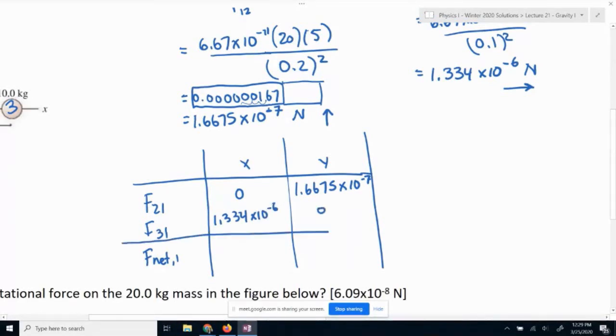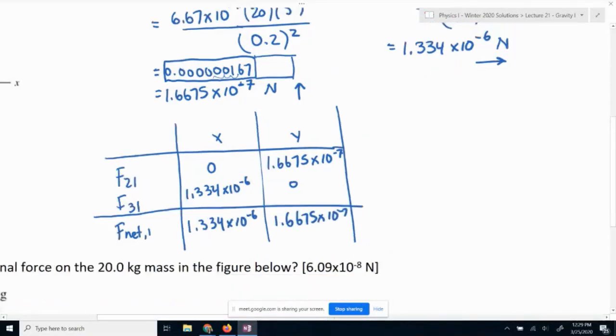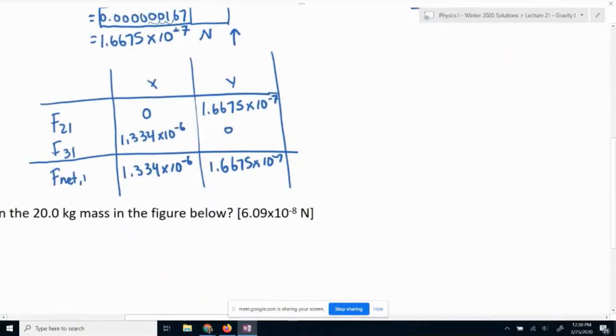Then I can add them up. This one's kind of nice because there's nothing to add. Times 10 to the negative 6 and 1.6675 times 10 to the negative 7. Then I take those 2 numbers and put them together. So I have an X component that's positive, which means it goes to the right. And then I have a Y component, which is negative, which means it goes down.